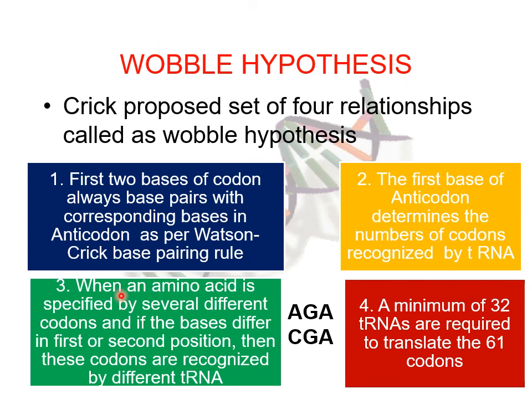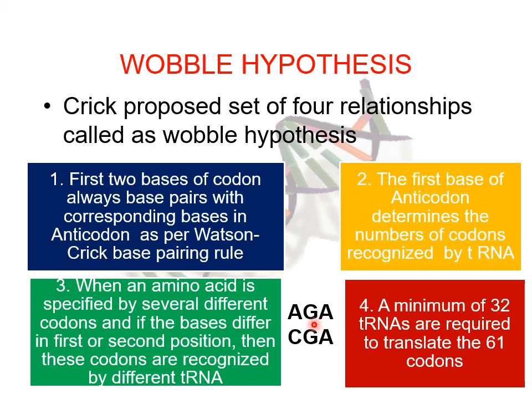What it says here is when an amino acid is specified by several different codons, and if the bases differ in the first or second position, then these codons are recognized by different tRNAs. Let us understand this concept with the help of these two codons, AGA and CGA, which differ in the nucleotide in the first position, and both these codons code for the amino acid arginine.